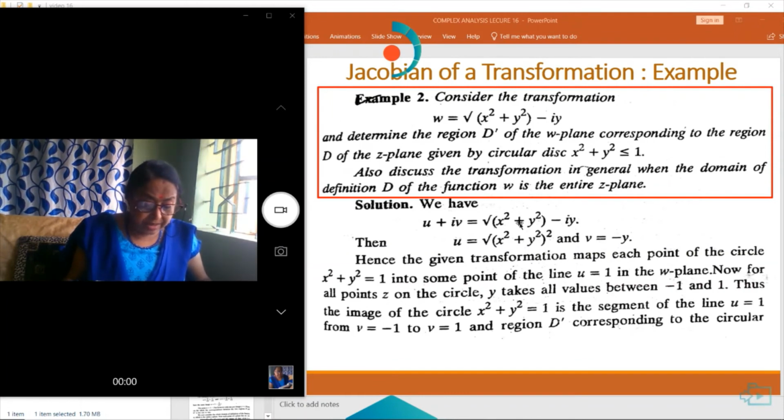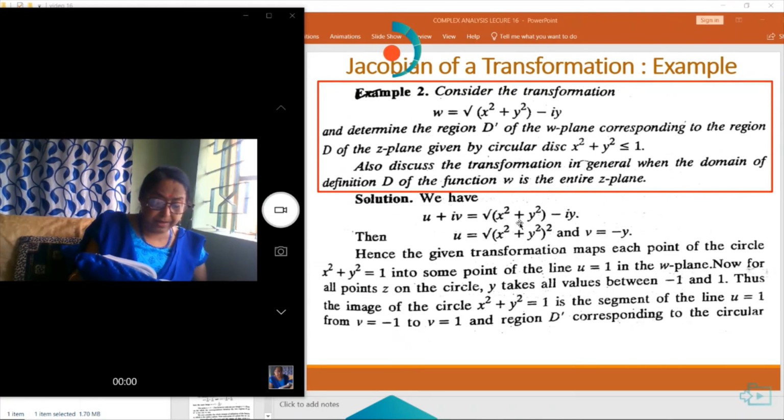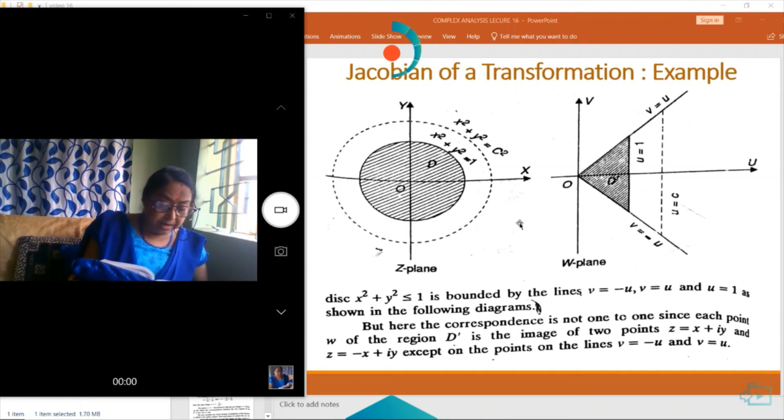Hence the given transformation maps each point of the circle x square plus y square into the line that is u is equal to 1 in the w plane.